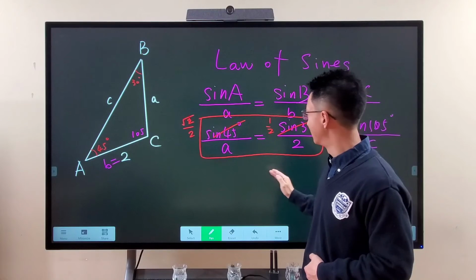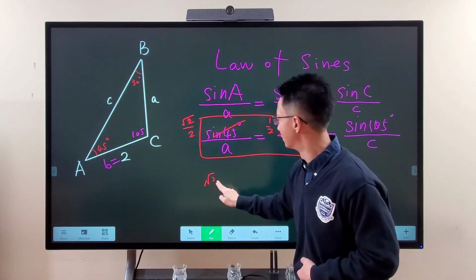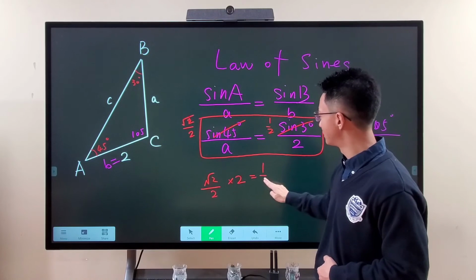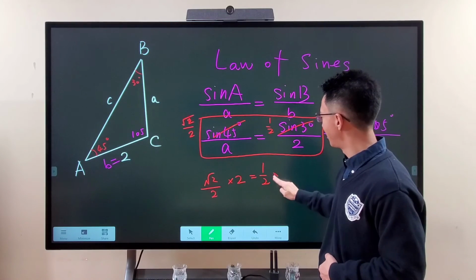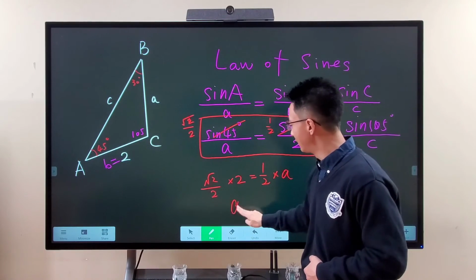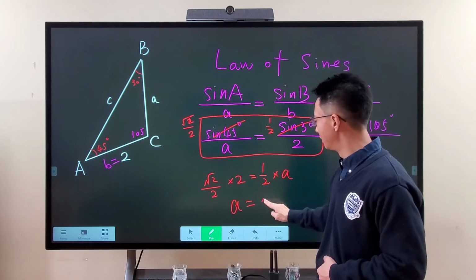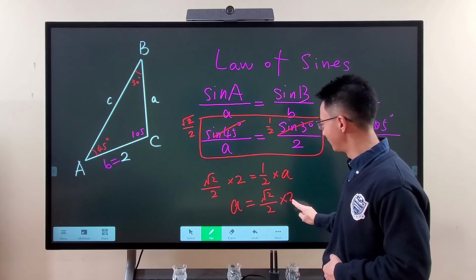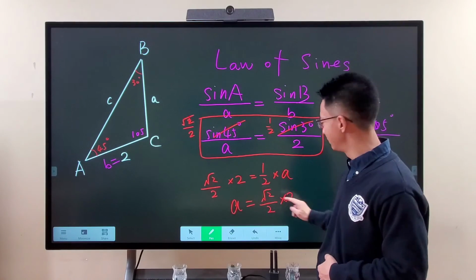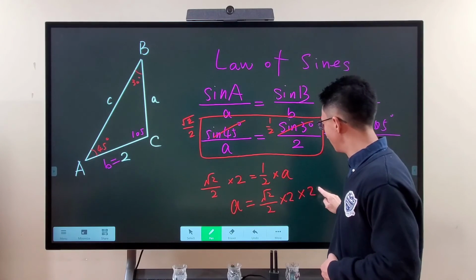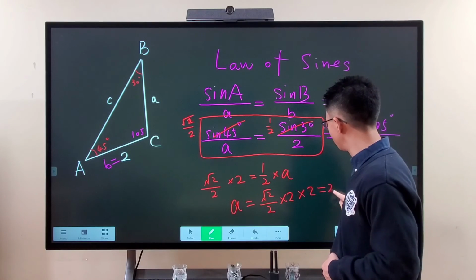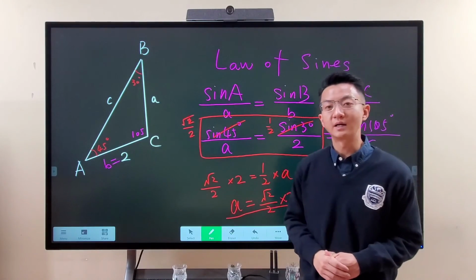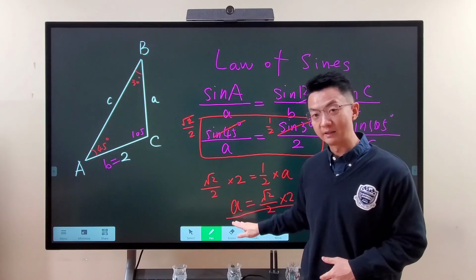Cross multiplication will give us root 2 over 2 times 2 equals 1 over 2 times a. So a equals root 2 over 2 times 2, divided by 1 over 2, times another 2, which is 2 root 2. That is the side length of side a.